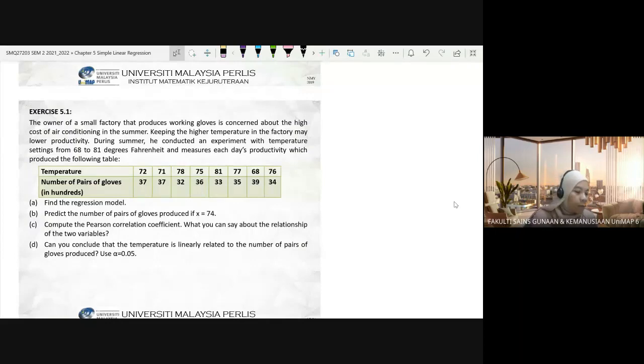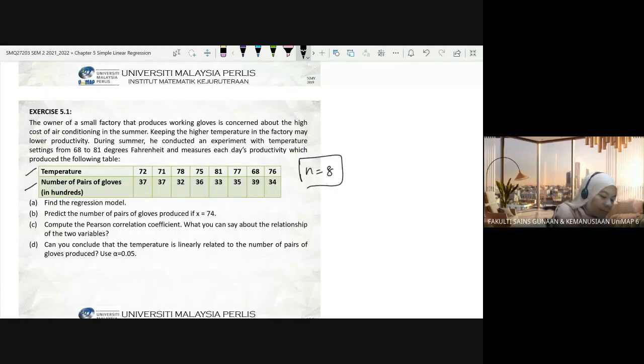In this case, the number of days involved would be 1, 2, 3, 4, 5, 6, 7, 8. So 8 days of experiment, where the variables involved are temperature and the number of pairs of gloves produced in 100.